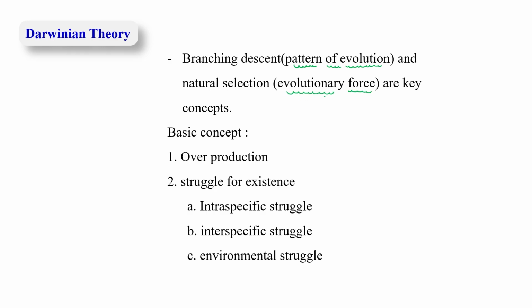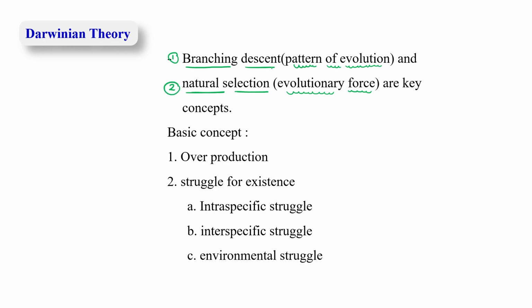These two things are the key concept of his theory. For the pattern of evolution, he used the term branching descent, and for the evolutionary force, natural selection. These two terms were used by Darwin.